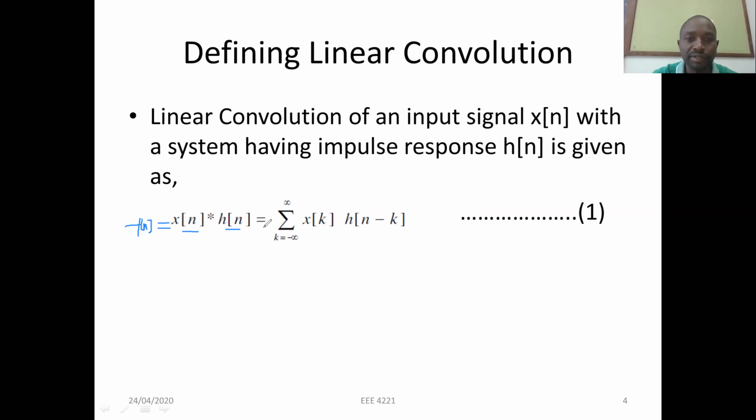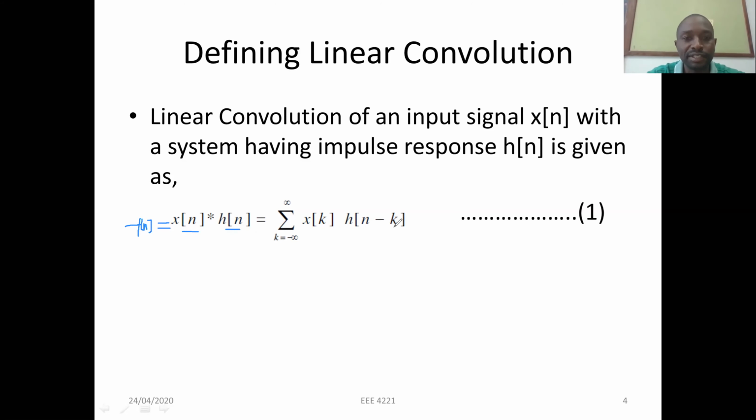This is also equal to the summation of x of k, where k runs from negative infinity to positive infinity, multiplied by h of n minus k. Again, k will run from negative infinity to positive infinity, and that's from the definition.